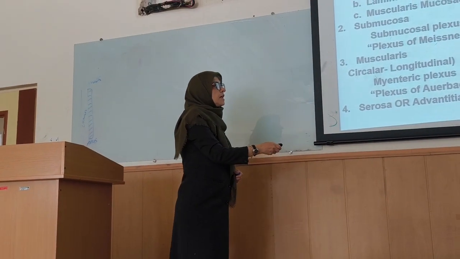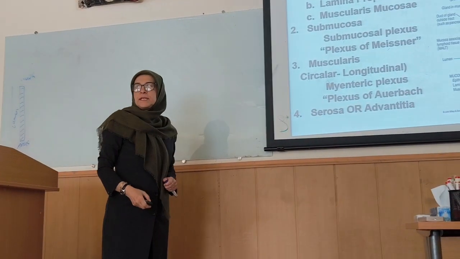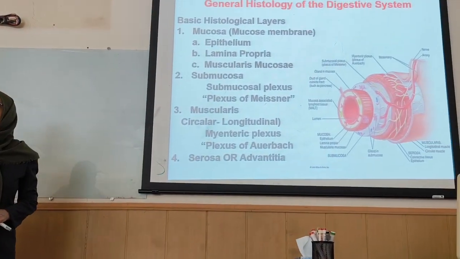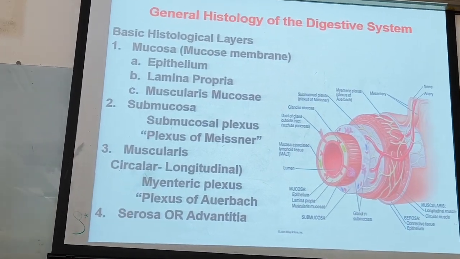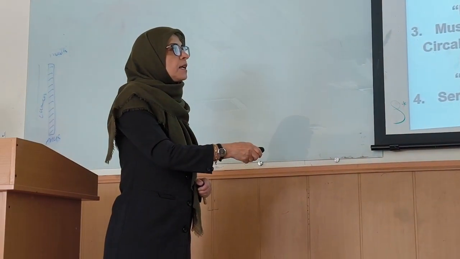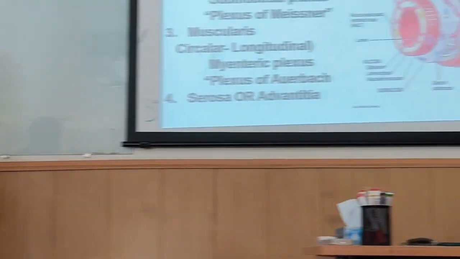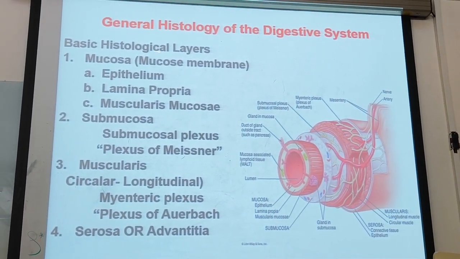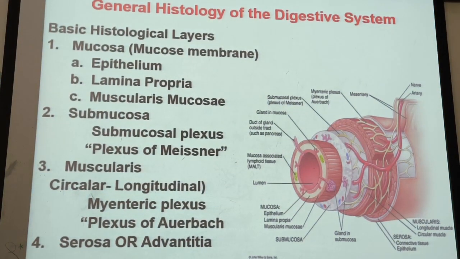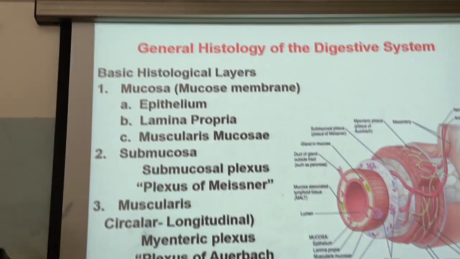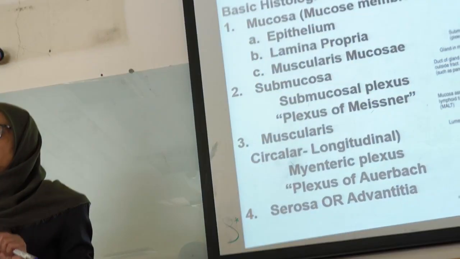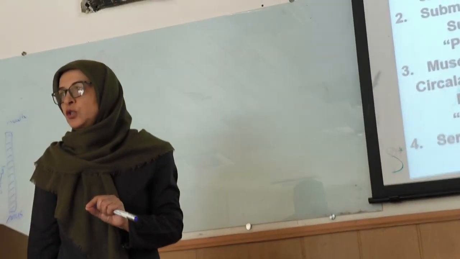The innermost layer that surrounds the lumen is the mucosal layer or mucosal membrane. That includes 1 layer of epithelial tissue, and because the epithelial tissue doesn't receive vessels, under it in all parts there is a little amount of connective tissue.